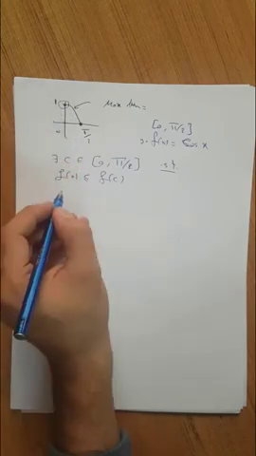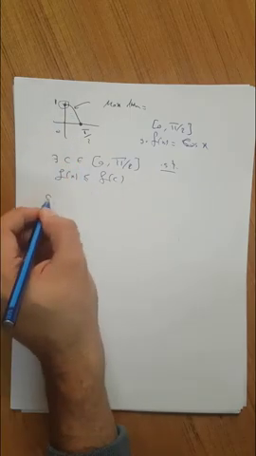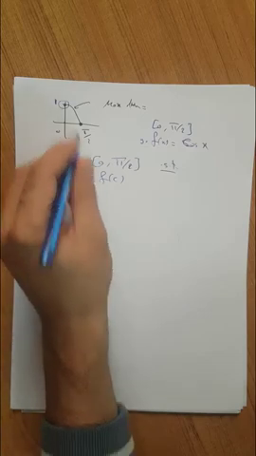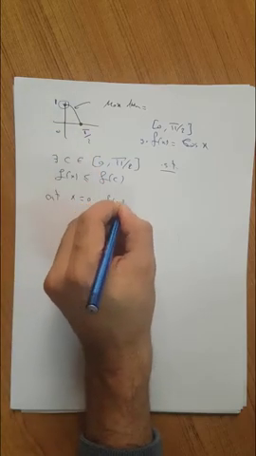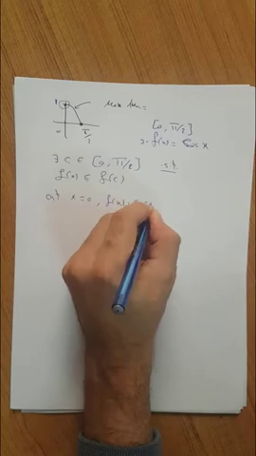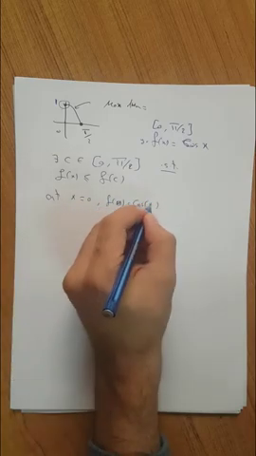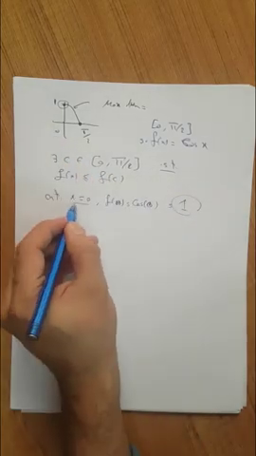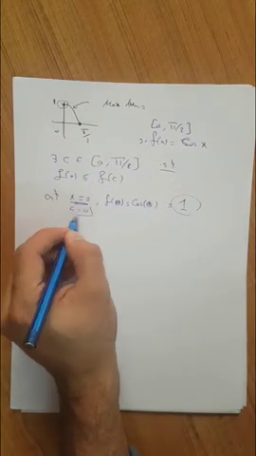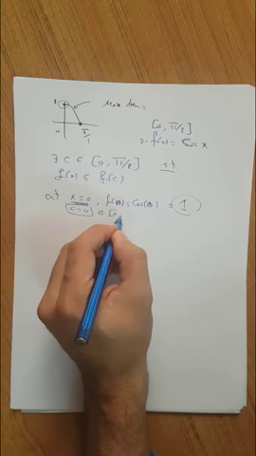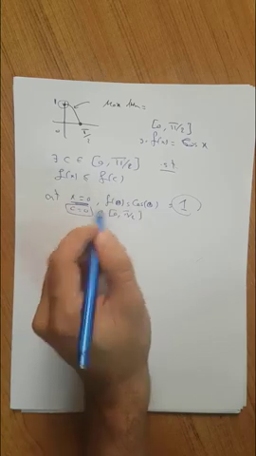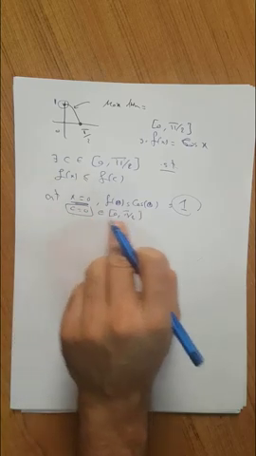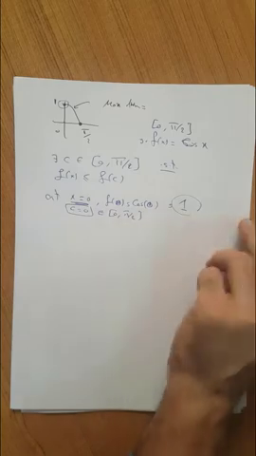Look here. If x is equal to 0, the value f of x, or cosine of x, will be what? If I put 0 here, I get cosine 0 equals 1. So when I found c equal to 0, which belongs to the domain, at this point the function has the maximum value.